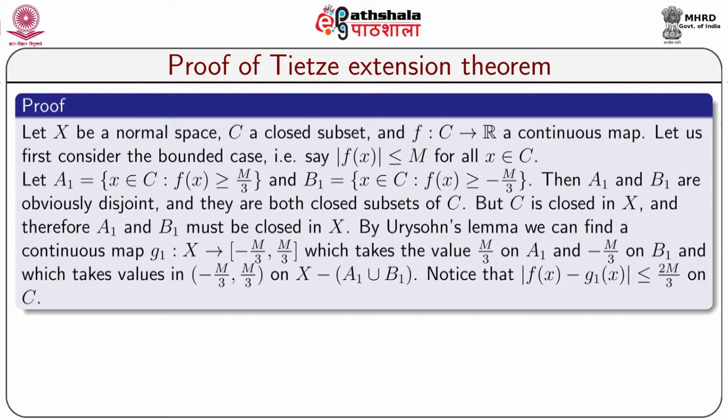Now, we can easily observe that the difference |f(x) - G1(x)| is less than or equal to 2m/3 on C.